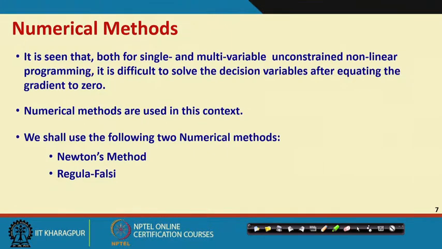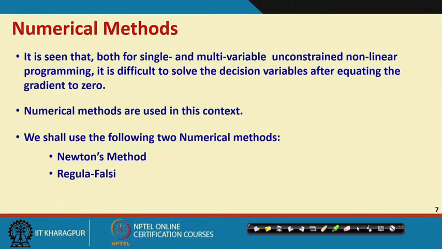Now, sometimes we also have what are known as numerical methods. Supposing we equate f dash x, the first order derivative, to 0, but it may not be easy to solve the resulting equation, because it may have higher order terms. So, we can make use of numerical methods.